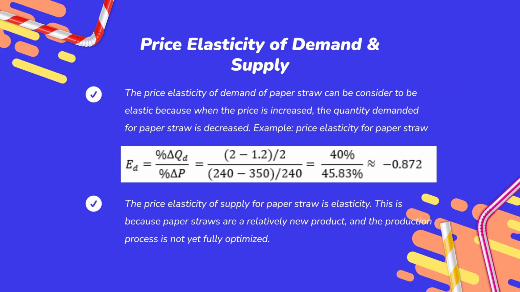For example, price elasticity for paper straw is about minus 0.872, and the price elasticity of supply for paper straw is elastic. This is because paper straw is a relatively new product and the production process is not yet fully optimized.